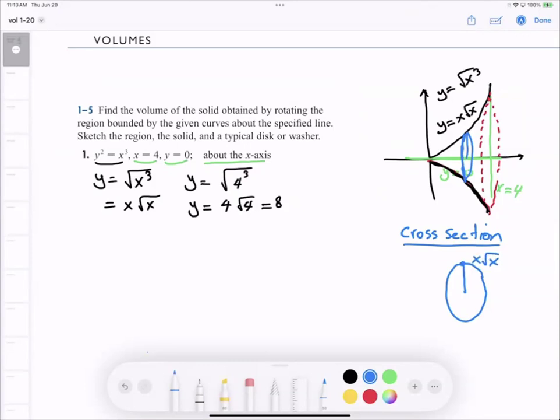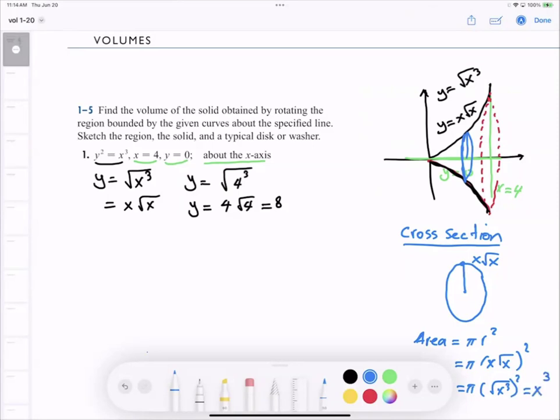This is your cross section here. We know that the area is equal to pi r squared, or in this case, pi times x times the square root of x to the second, or pi times square root of x cubed to the second, which is x cubed.